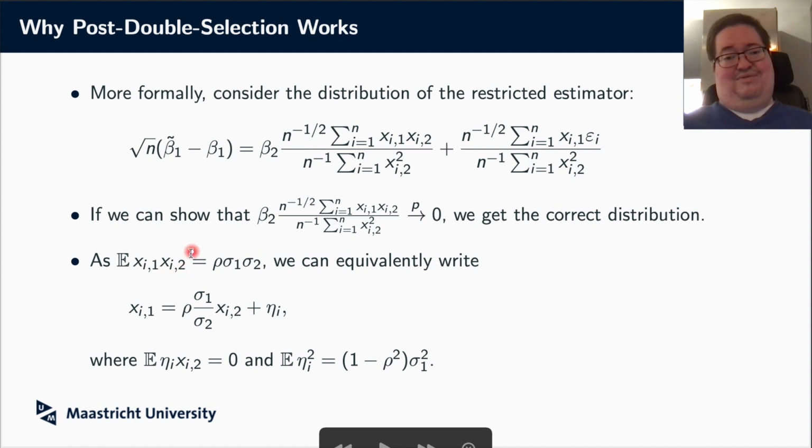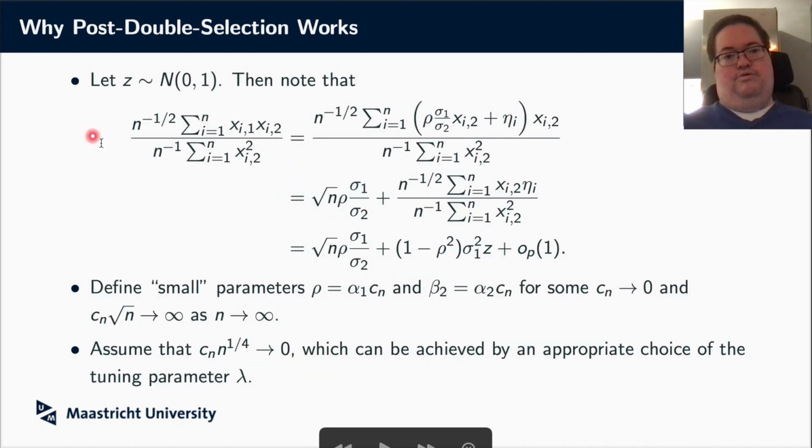Well, given that we have this covariance between x1 and x2 of this form, we can actually write down a regression model for x1 given x2 with that particular coefficient that we derived before. Now let's look at this term in more detail. So take that term and use this regression expression that we had for x1, and we write things out, and you see that what you get here is x2 times x2, so x2 squared.